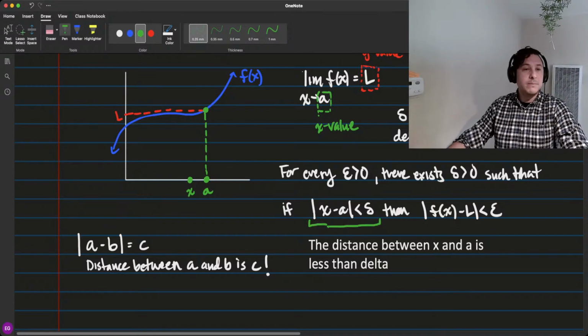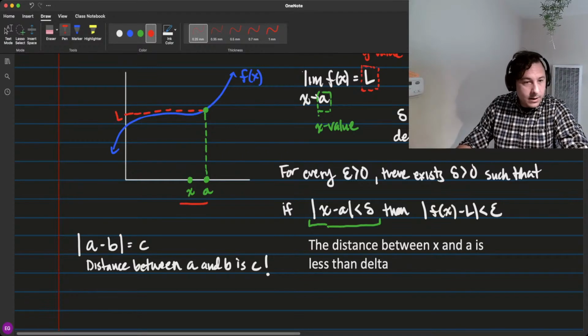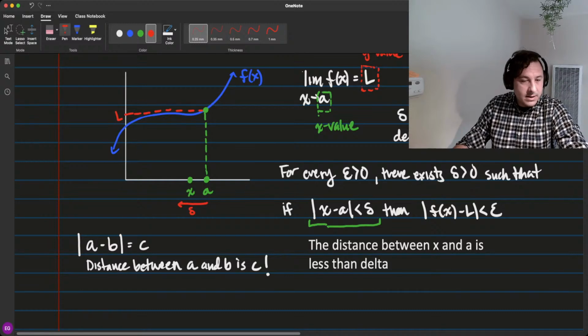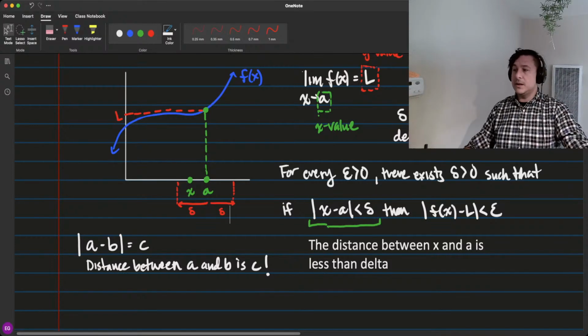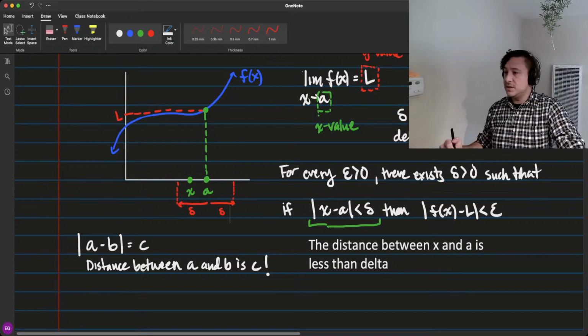So if we're talking about a number line, here's a right here. And let's say delta is that far and delta is that far. That means x is some point between there. Do you see how x is nicely in that little region?